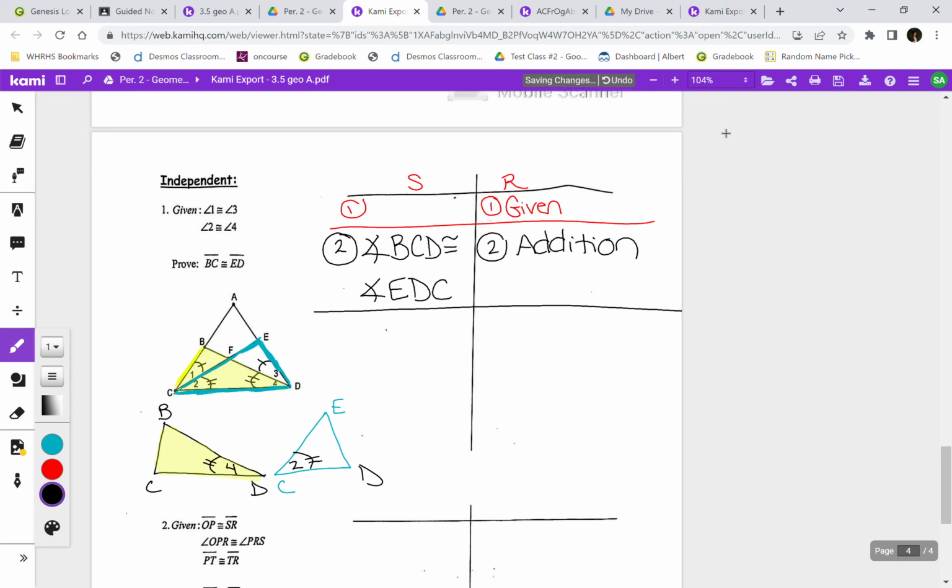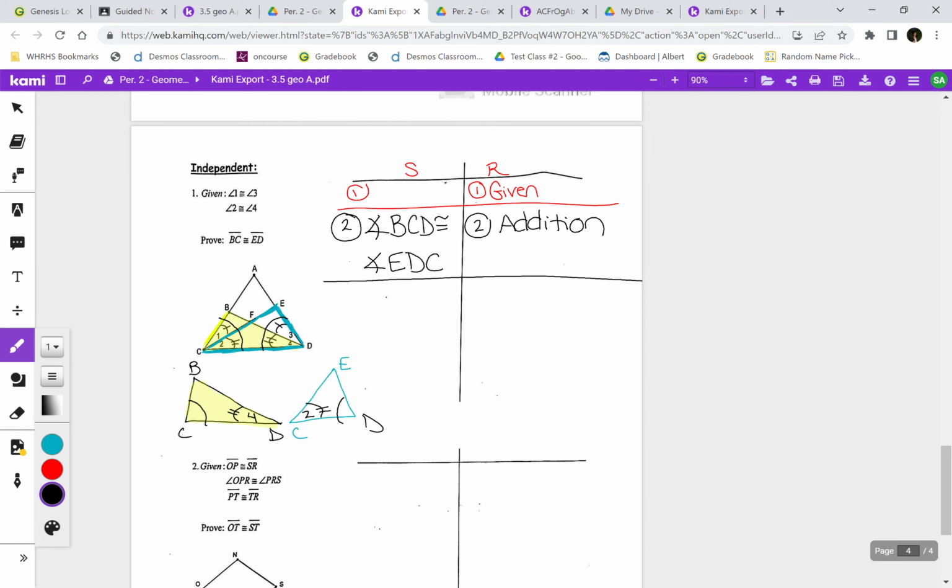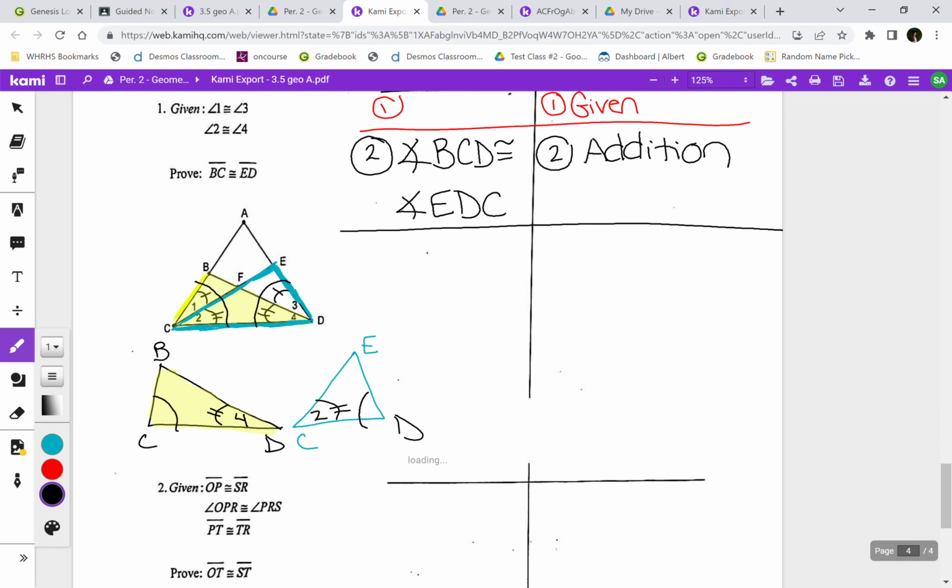So that gives us the big angle by C and the big angle by D. So I mark that. So now we have 2 angles. What else can we say? Soph, what else can we say? You got it. CD congruent to CD, reflexive.